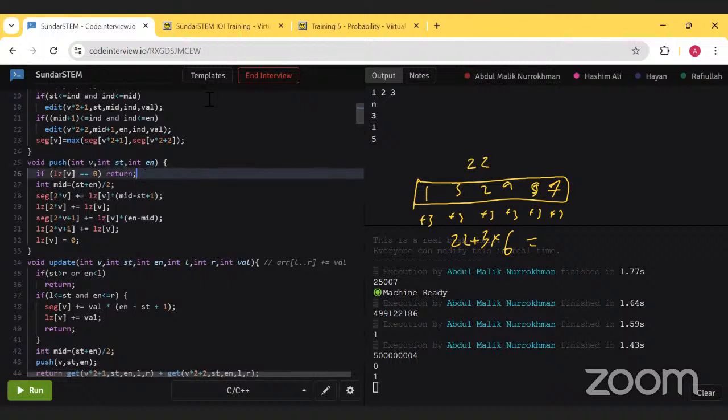So I think that's the discussion about lazy segment tree. Is there any other question?